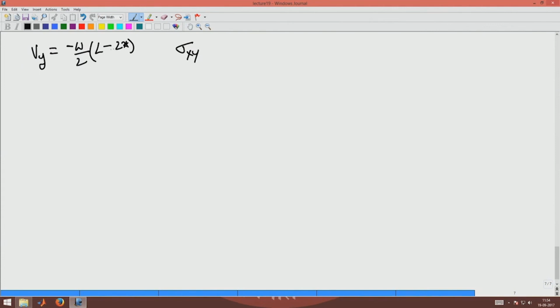This shear force is produced by the stress sigma xy. So, the question we have is, how does sigma xy vary across the depth of the cross section?